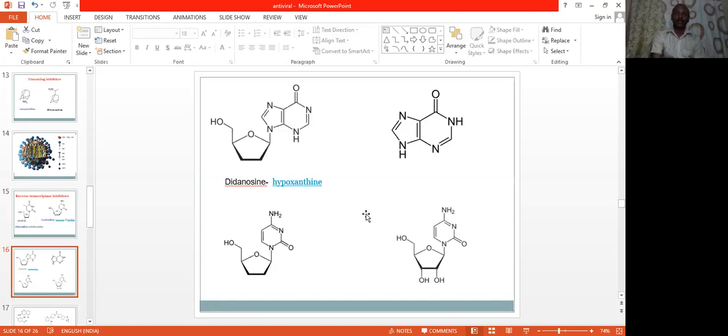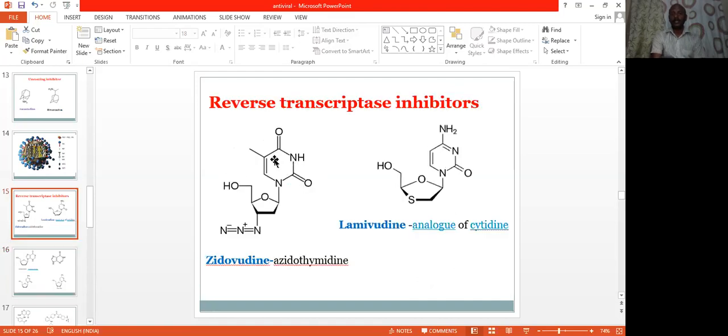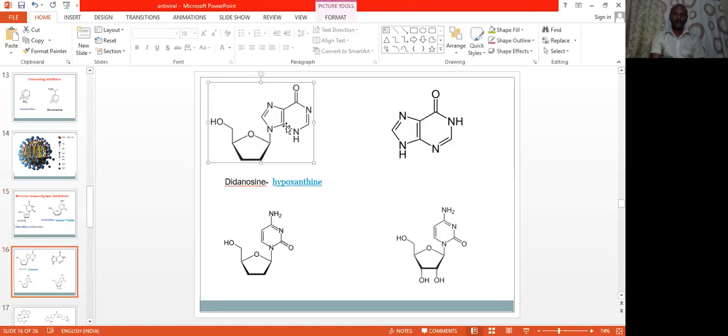You can write it down, next to didanosine, it is hypoxanthine. You can see that hypoxanthine is not a nucleic acid base. The previous drugs, these two, are nucleic acid analogs, cytidine and thymidine, whereas here in didanosine, it is hypoxanthine, which is not a nucleic acid base.